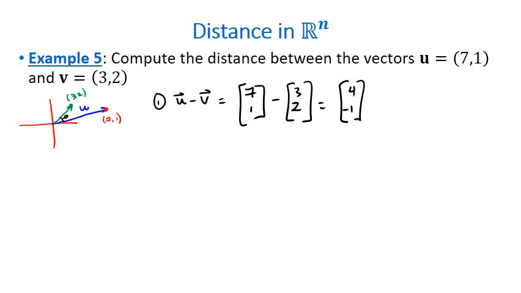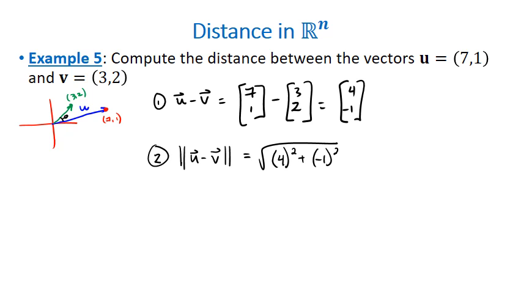If I find the length of that, using the same formula that we used on the previous slides, we end up with the square root of 16 plus 1, which is 17. So the distance between those two vectors is root 17.